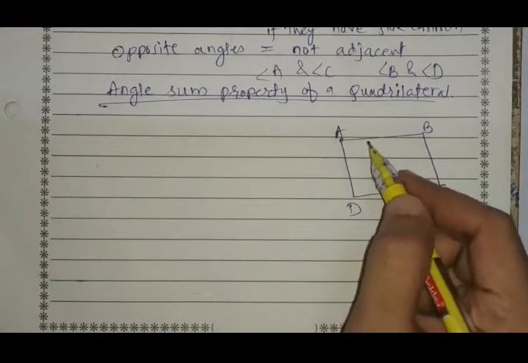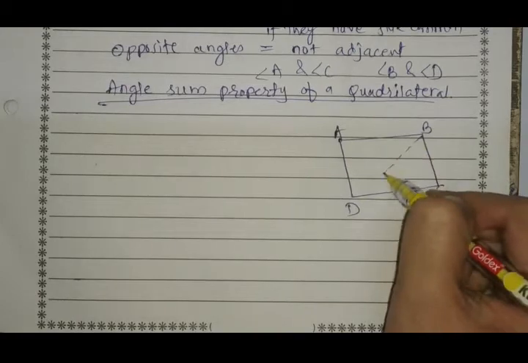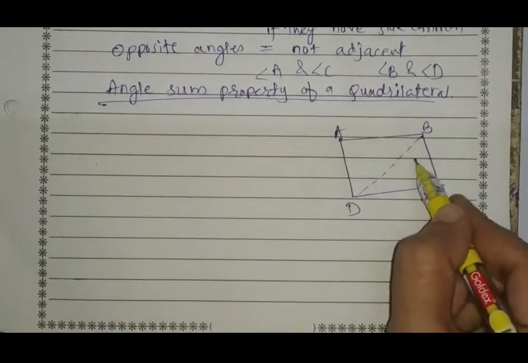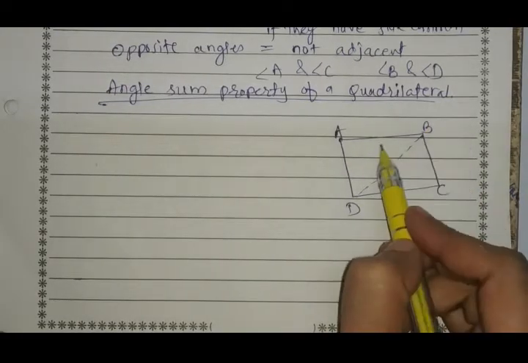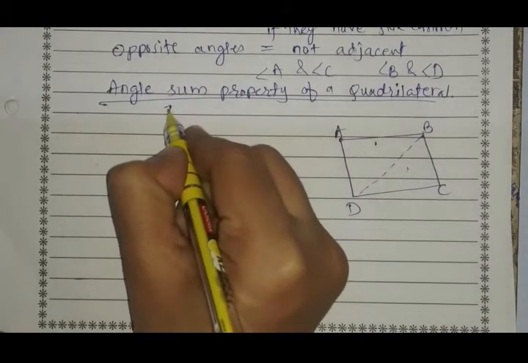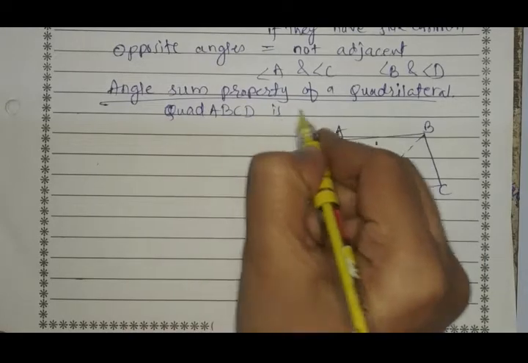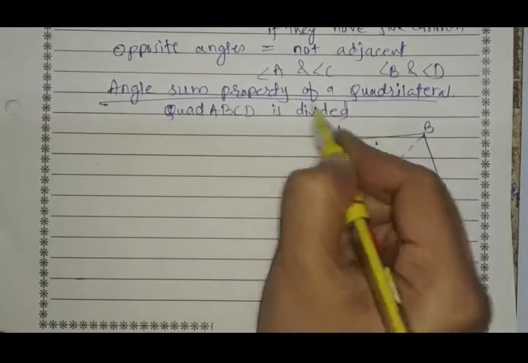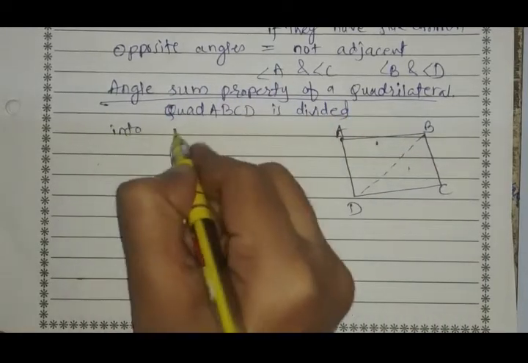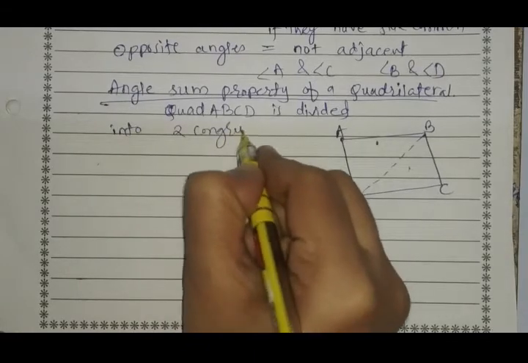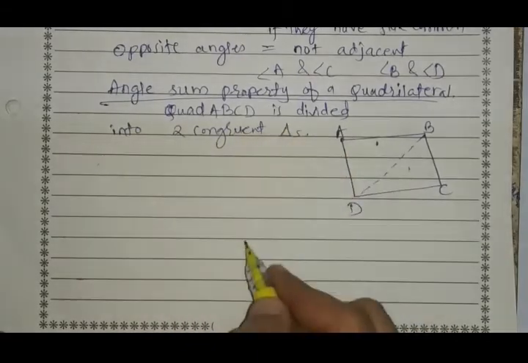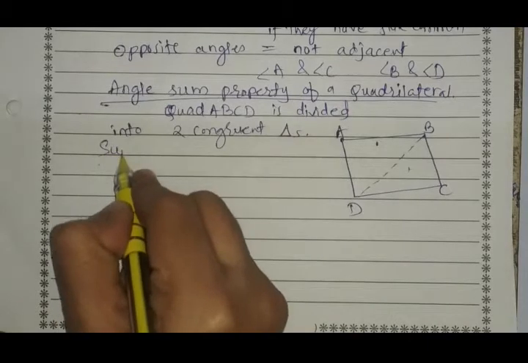Suppose I draw one diagonal here, diagonal BD. Now you can observe that this quadrilateral ABCD is divided into two triangles.